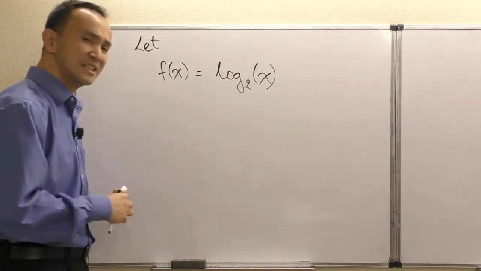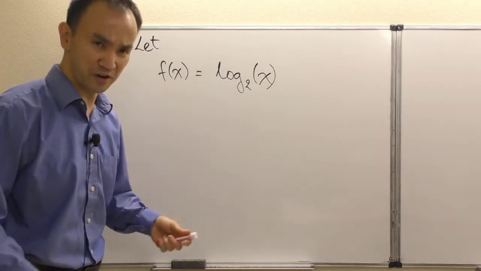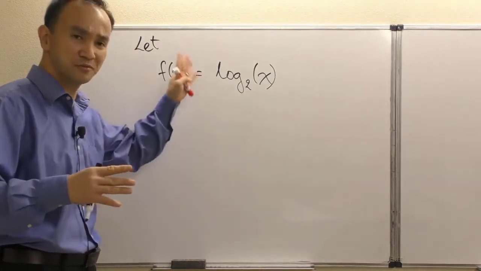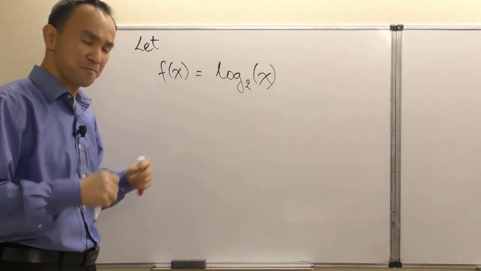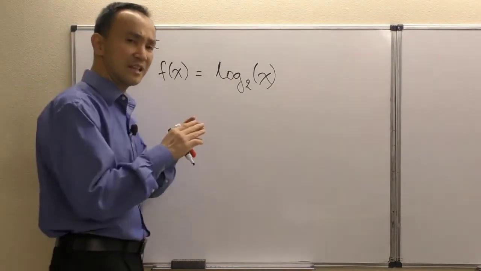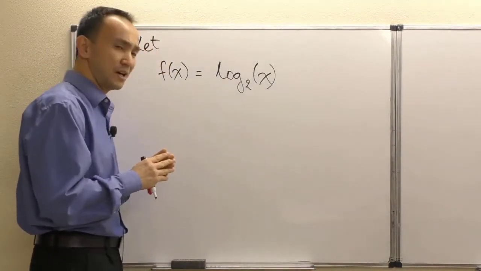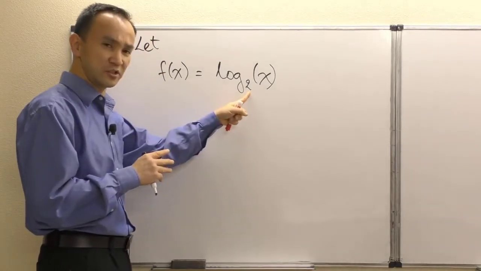So now what can we do with this function? What else, after defining this function, can we do? Back in my lecture where I introduced what a logarithm operation is, this is called a base.